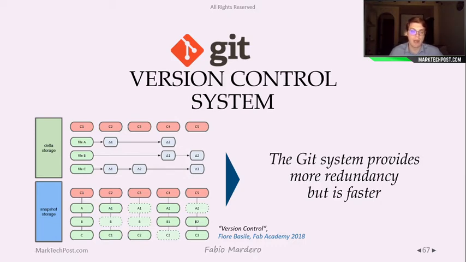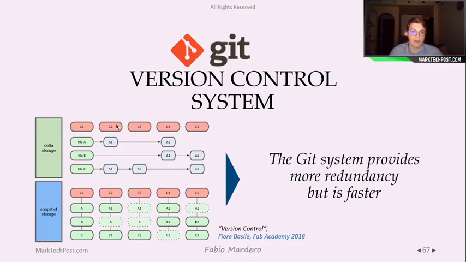In the snapshot version control system, in particular Git, it takes a snapshot of files A, B, C each time, even if for file B nothing has been changed. So the Git system provides more redundancy, but is quite faster.